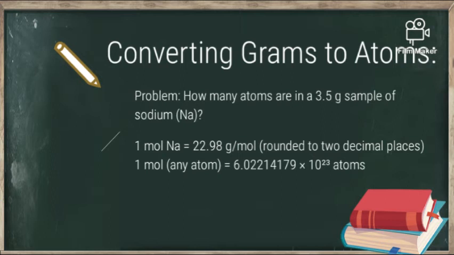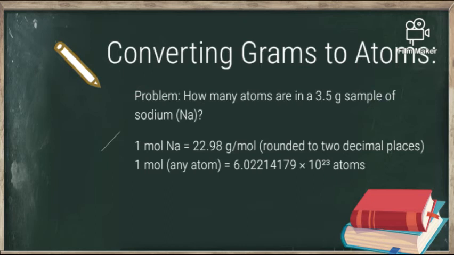The next is converting grams to atoms. So we have converted grams into moles and moles into grams. Now it's grams to atoms. The problem is, how many atoms are in a 3.5 gram sample of sodium, abbreviated as Na? We have the given 3.5 grams of sodium and the molar mass of sodium, which is 22.98 grams per mole.